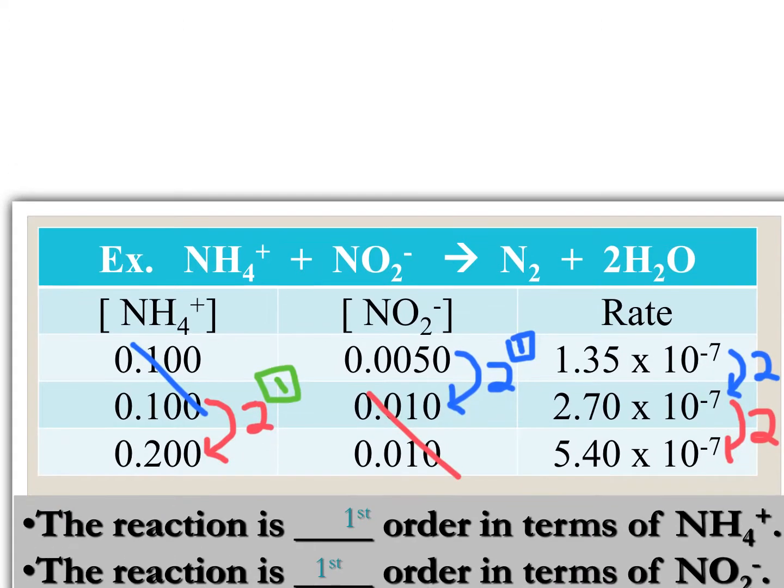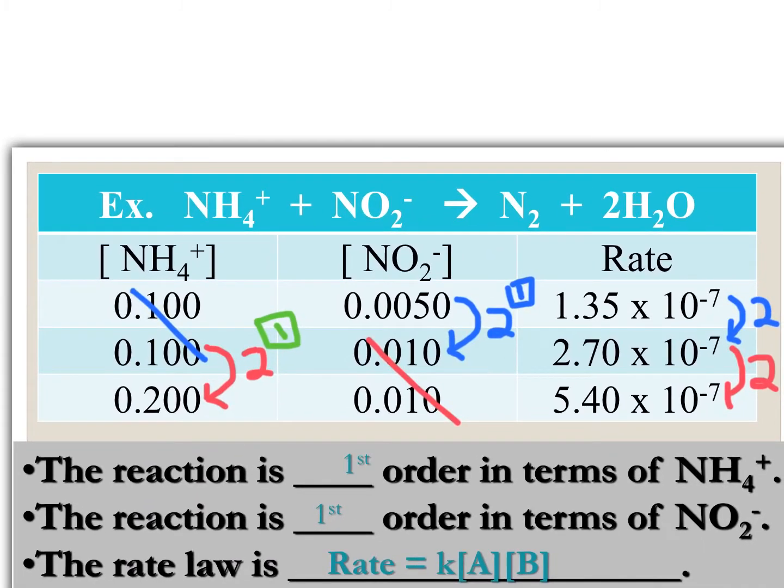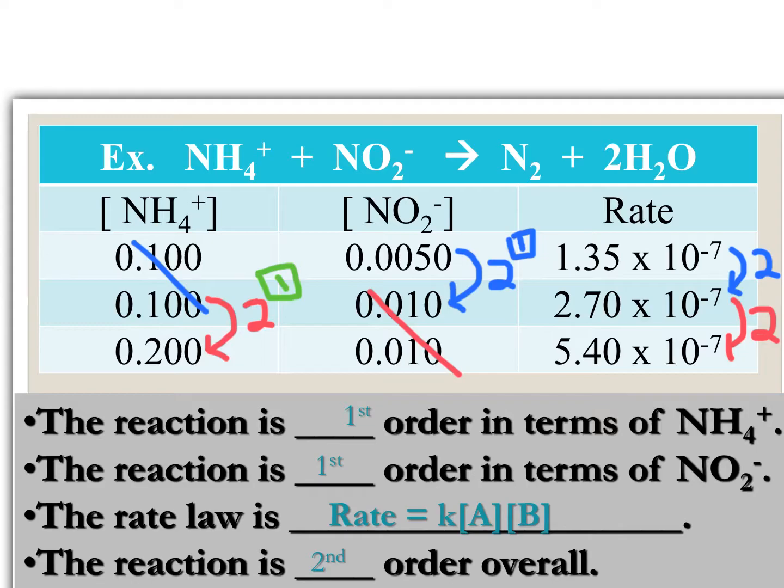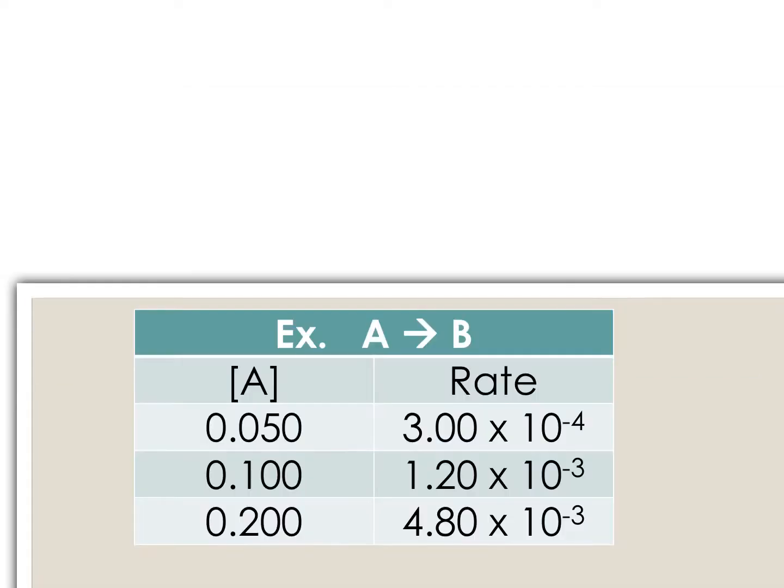So the reaction is first order in terms of NO2. Write out the rate law. Rate equals little k, concentration of your first reactant times concentration of your second reactant to the power of their order. Rate equals little k, concentration of A times concentration of B. And the reaction is second order overall.